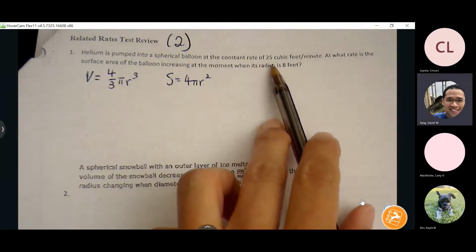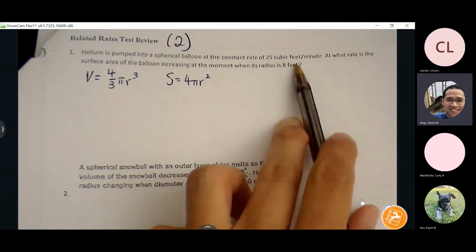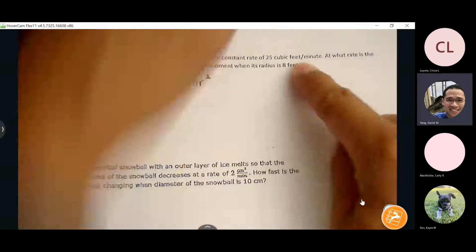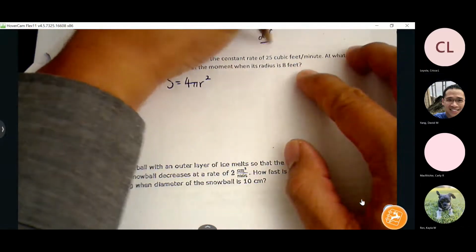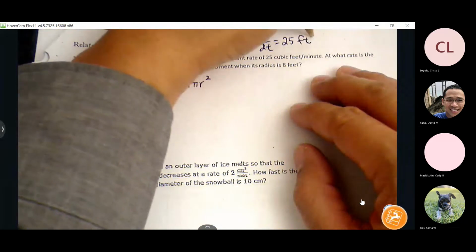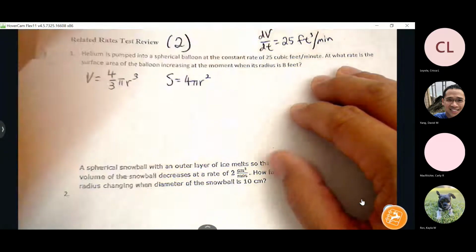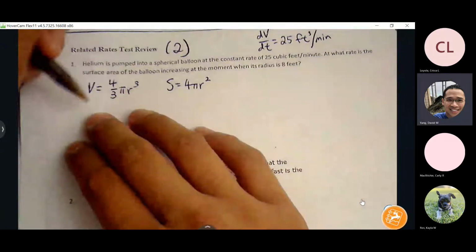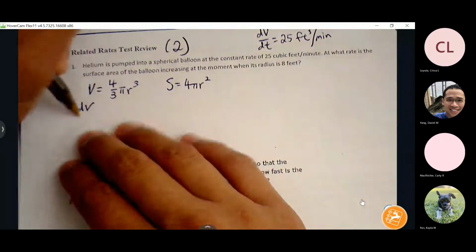Okay, so 25 cubic feet per minute. This is, like you said, dV/dt. Pumped into the balloon, so it's a positive rate. Okay, go ahead and find all the derivatives here.